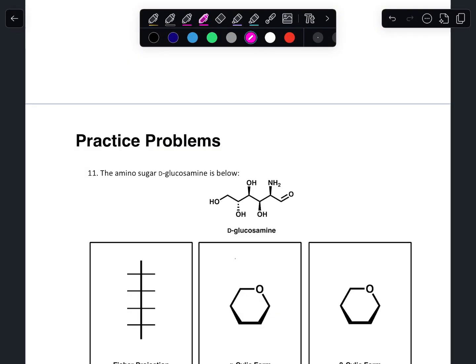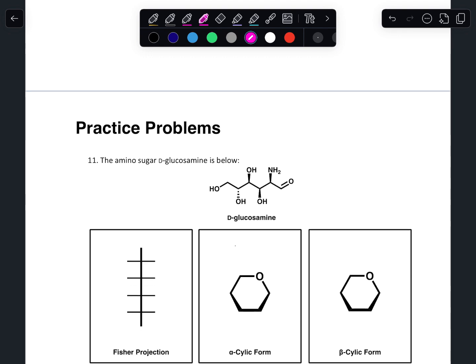Moving on. So the first step of question 11, we're going to do the Fisher projection of D-glucosamine. So first we can count out our carbon chain, and then we can straighten it out. So we have 1, 2, 3, 4, 5, 6 carbons.